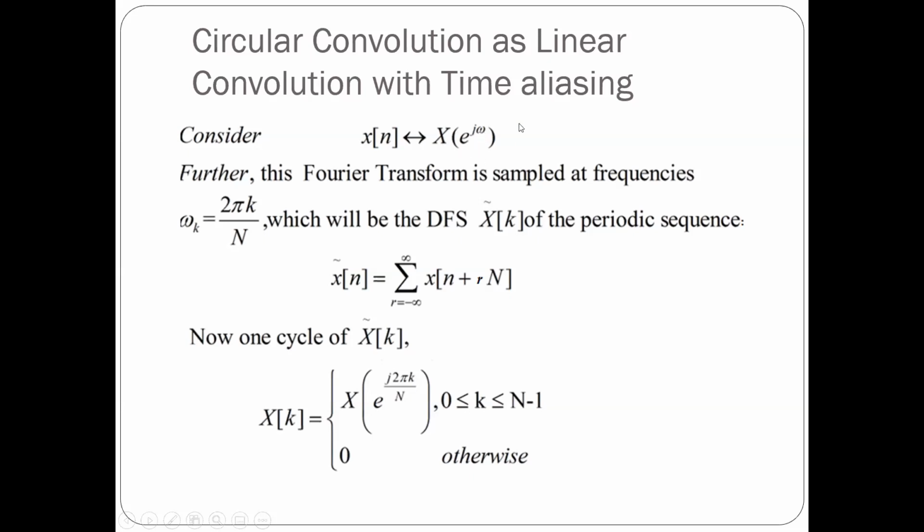So X of e power j omega is a periodic spectrum, which means that you have some repeating shape in the periodic spectrum, which has got a period equal to 2 pi. I hope that is understood. So do we need to illustrate this? Now further, let us assume that this Fourier transform is sampled at frequencies omega k equal to 2 pi k by N. So I think I should now illustrate this.